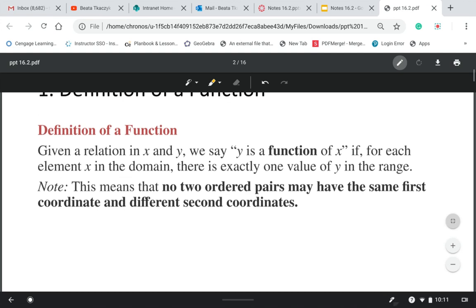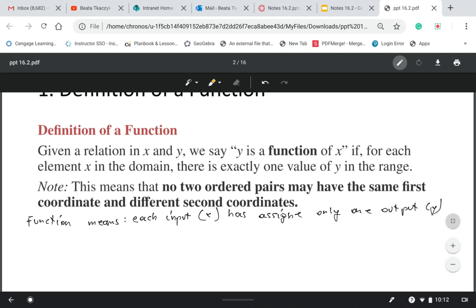Also, I like to add another definition, which is very easy to memorize. Function means each input, which is x, has assigned only one output, which is the y value.